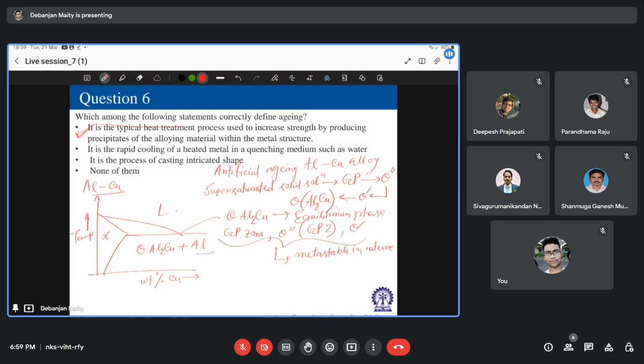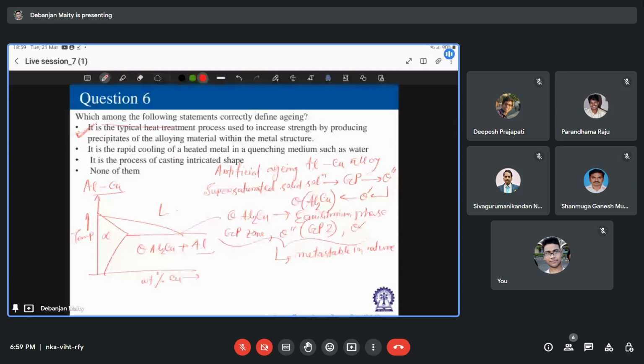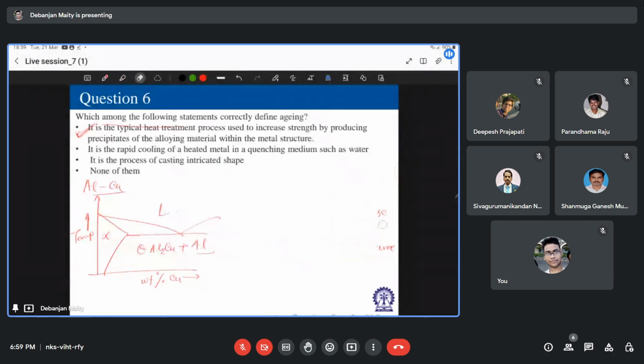Now if we try to find out what will be the hardness property of different regions with aging time, we had figured this out during our earlier discussions. Anyhow, I'm trying to recall the thing again. What will happen for an aluminium copper alloy as an effect of aging time?